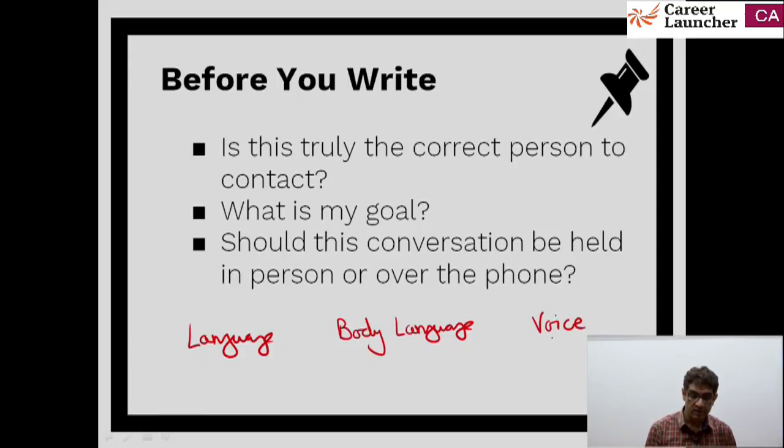So the trouble is, the moment you choose to write an email, you have the language, but you do not have the body language or the voice, and therefore at times the nuances go missing, and the language at times may make the other person feel that you were being harsher than what you actually were.